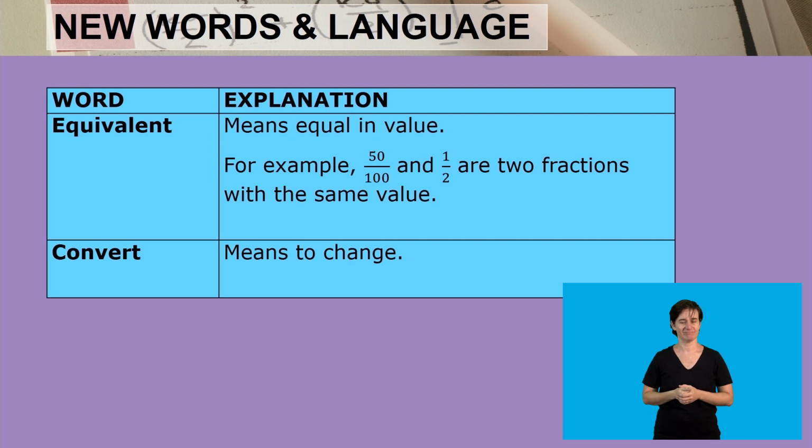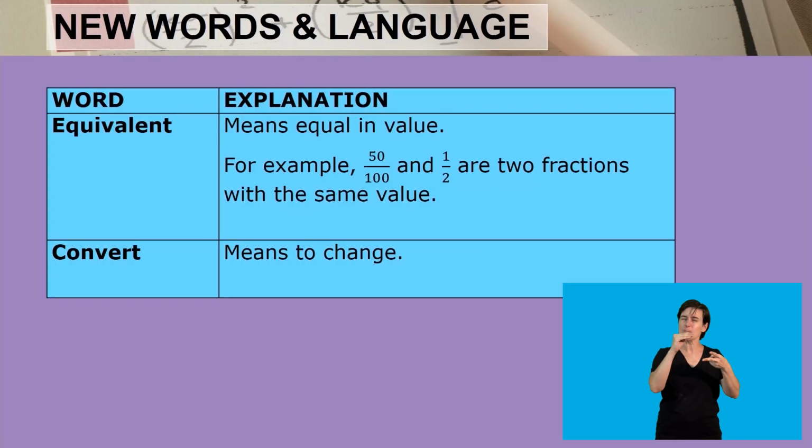The half and 50 over 100 are 2 fractions with the same value. Same fraction, yet written differently. The one is with large numbers, the other one is with smaller numbers. So equivalent means a fraction that is equal in value, and yet different numbers are being used.